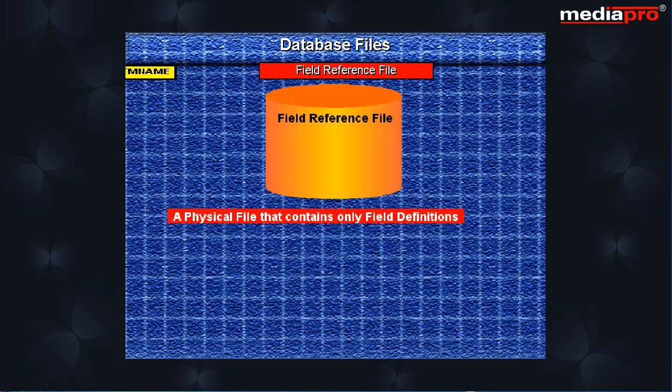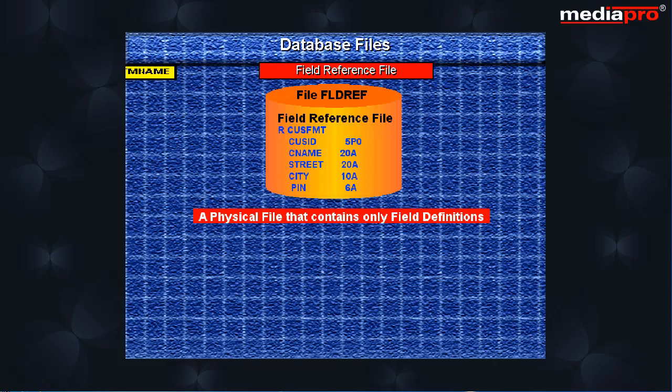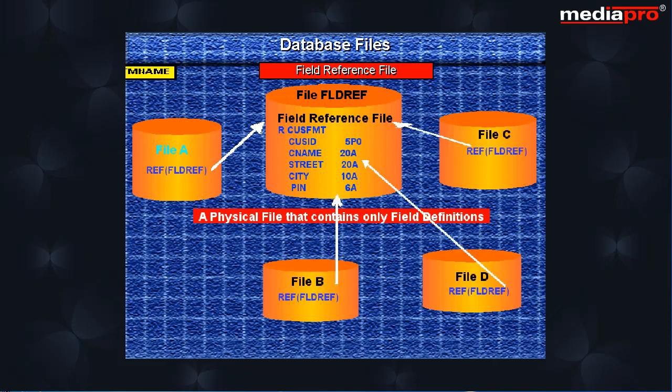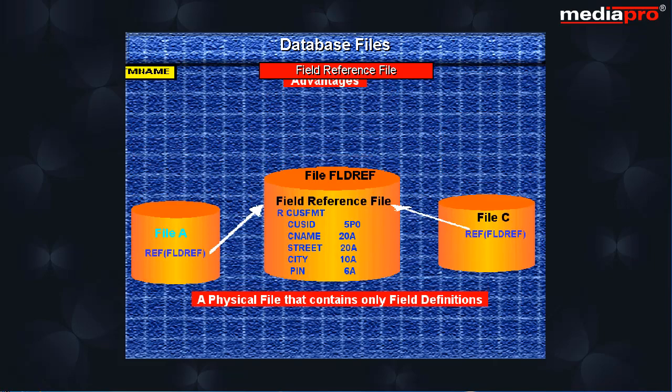A field reference file is a physical file that can be used to hold only field definitions. We can put the data descriptions for all the fields required by our application into a field reference file. All the database files will now refer to this file for data definitions. This method provides a consistency to our data definitions and also reduces the probability of errors caused by incorrect definitions.